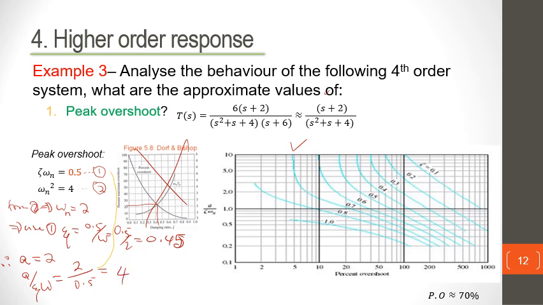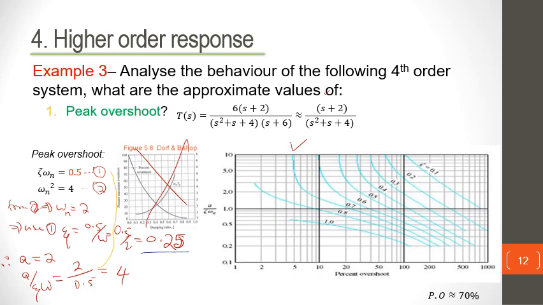Now we have 2 points here in our axis. We have a damping factor of 0.25. Sorry, my maths was not right there. This should be 0.25.